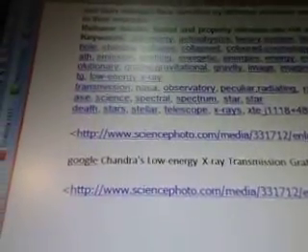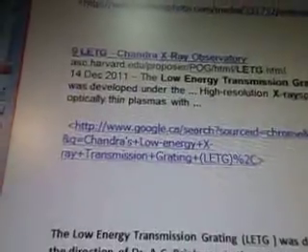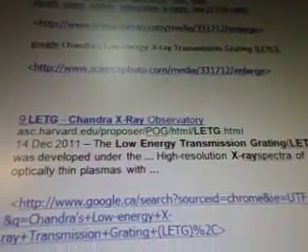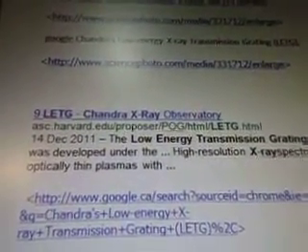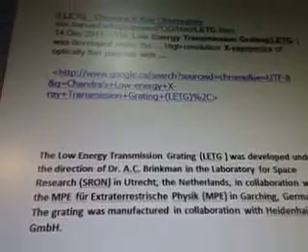So the next thing is that I Googled Chandra's Low Energy X-ray Transmission Grating LETG from www.sciencephoto.com. And I get the LETG, Chandra X-ray Observatory, from Harvard EDU. The Low Energy Transmission Grating, LETG, was developed under the high resolution X-ray spectra of optically thin plasmas. So again, the word plasma comes up.